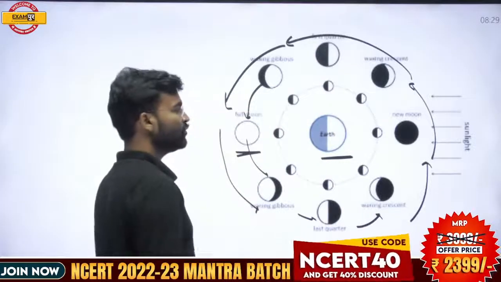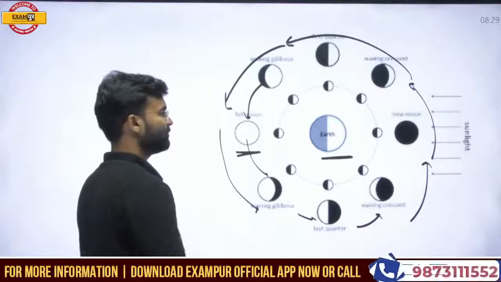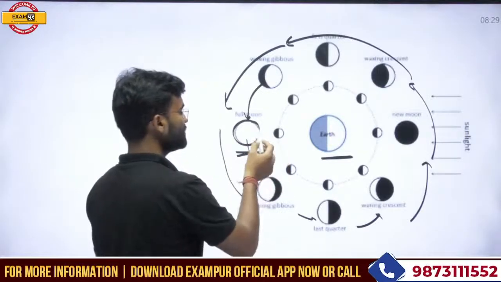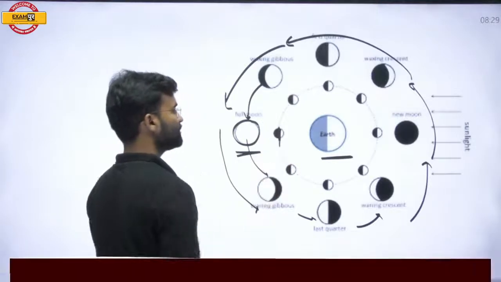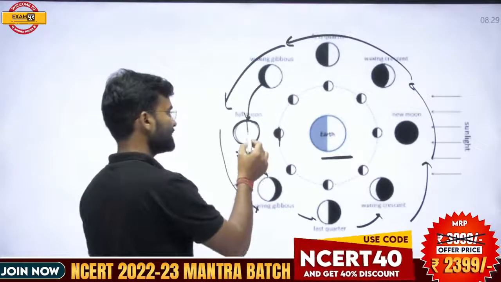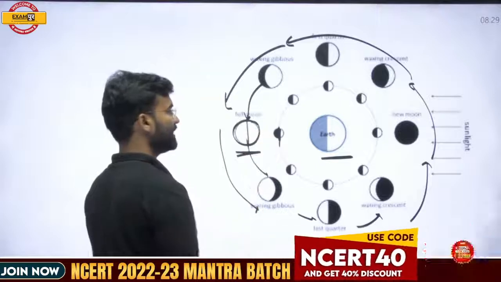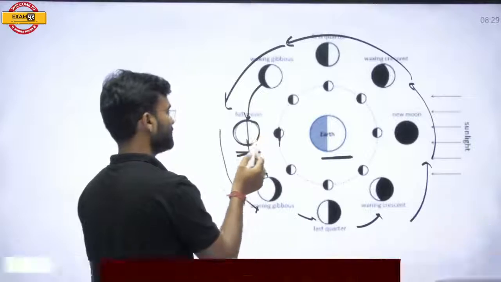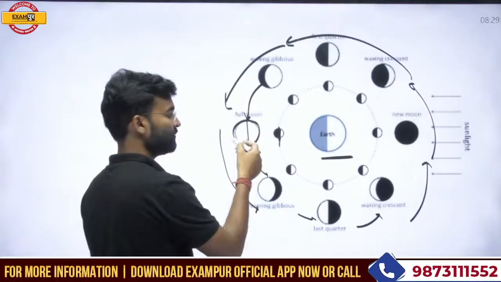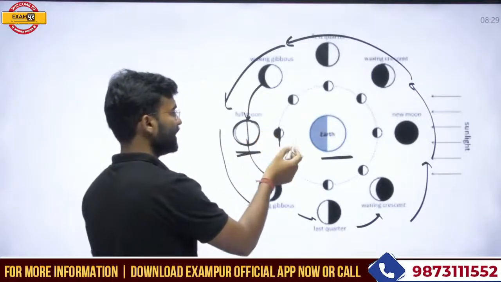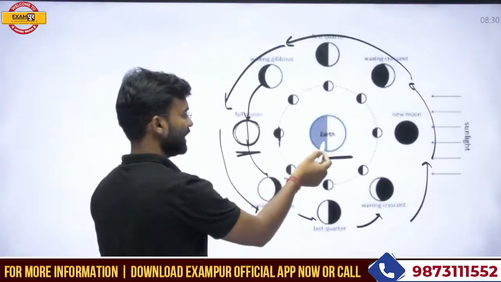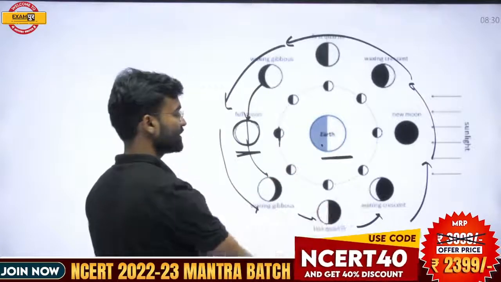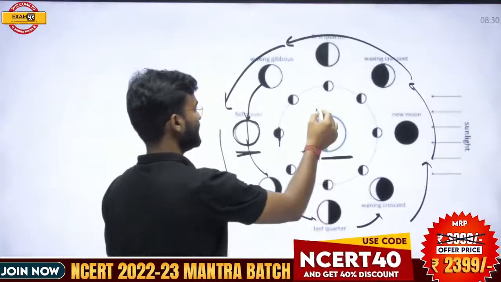If the moon is located in this position, then the moon's face which is facing the sunlight, if the sunlight is coming from this side, appears brighter, and this region of the Earth, which is not facing the sunlight, experiences night.